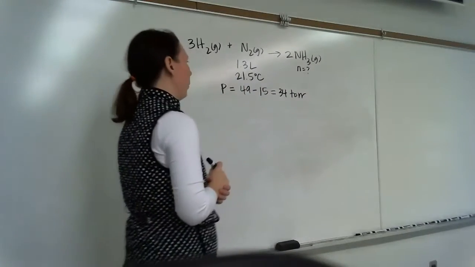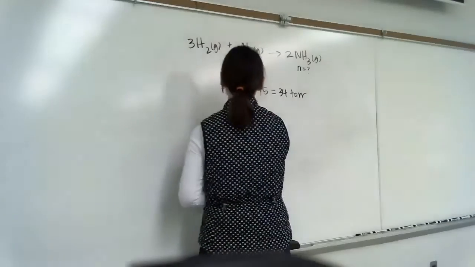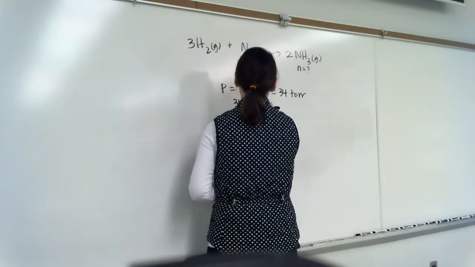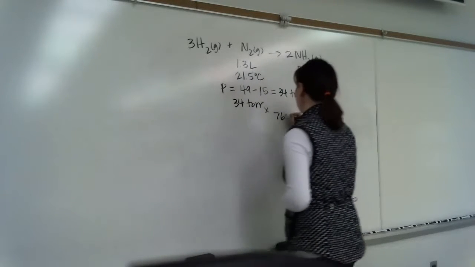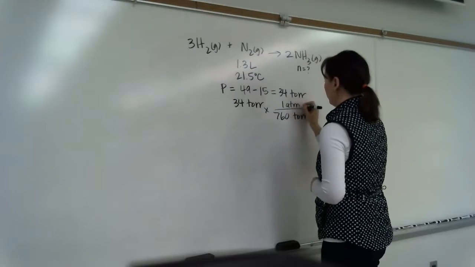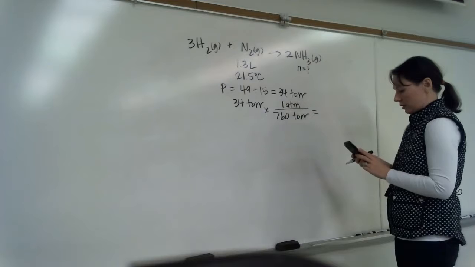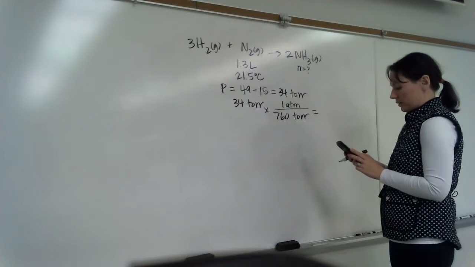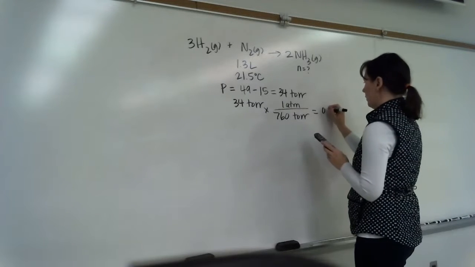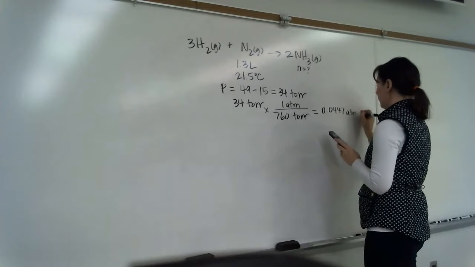Can I keep that in torr? No. How do I convert torr to atmospheres? Divided by 760. Right, there are 760 torr per atmosphere. So when you get that in atmospheres, 34 divided by 760 gives me 0.0447 atmospheres.